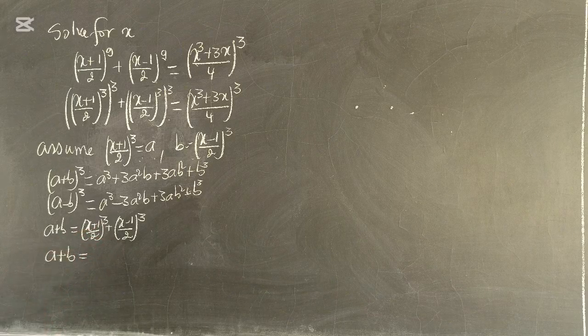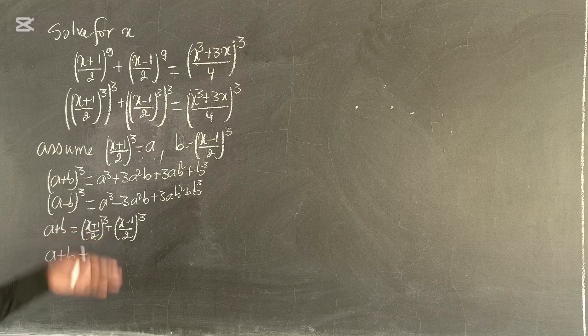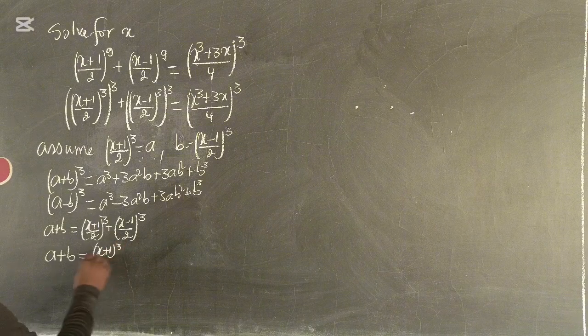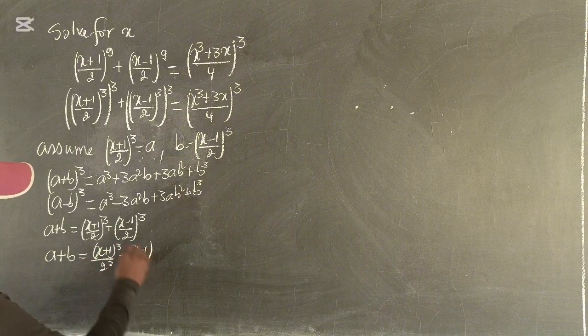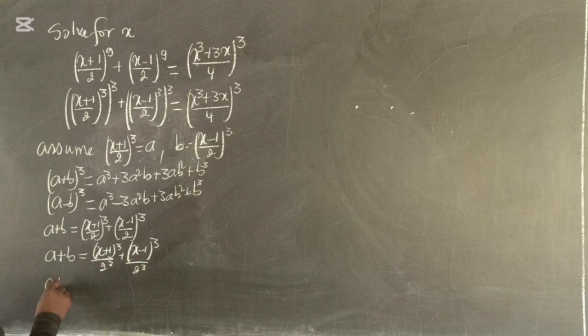When powering a rational function, we power the numerator and denominator at the same time. We have x plus 1 power 3 over 2 power 3 plus x minus 1 power 3 over 2 power 3.